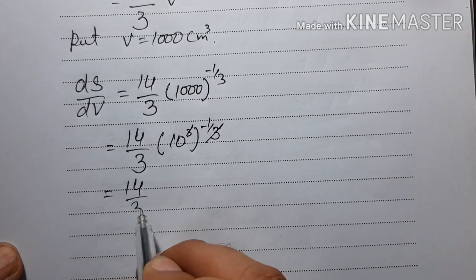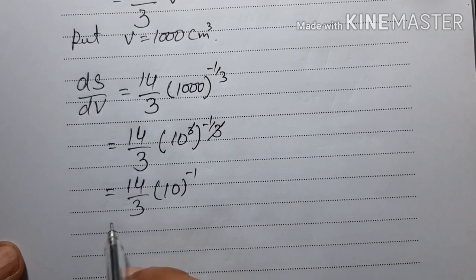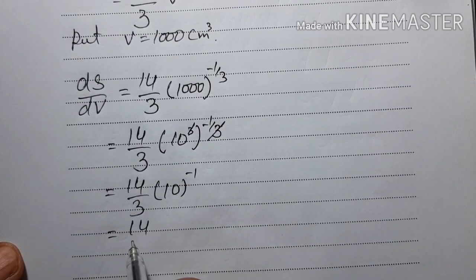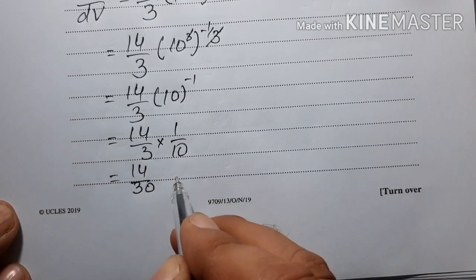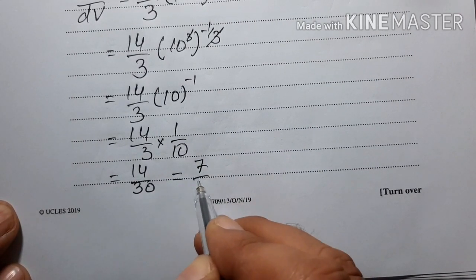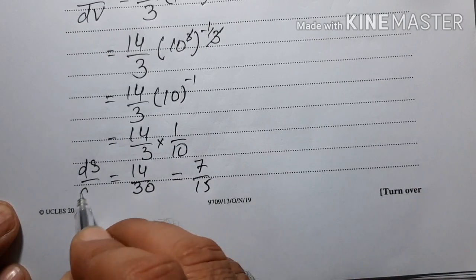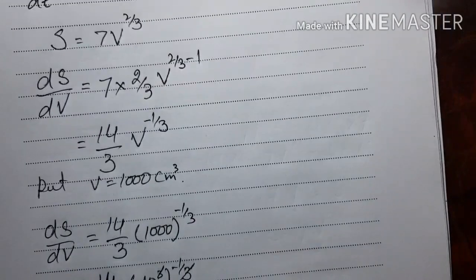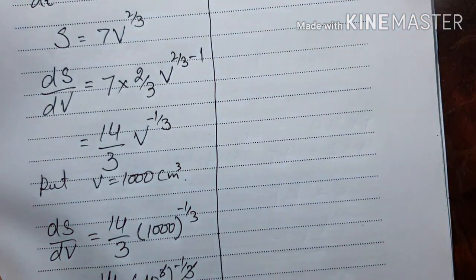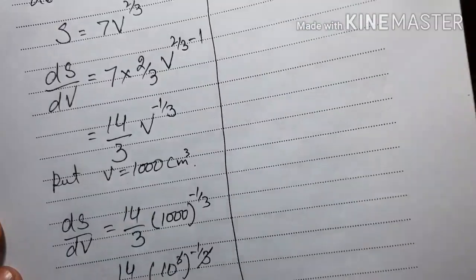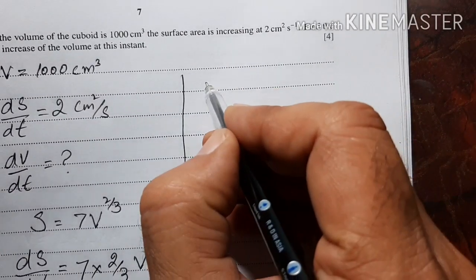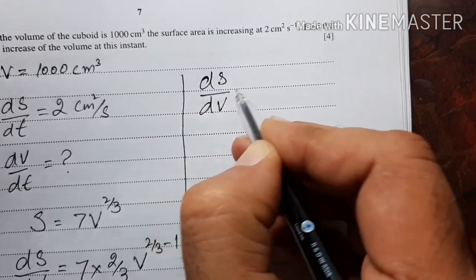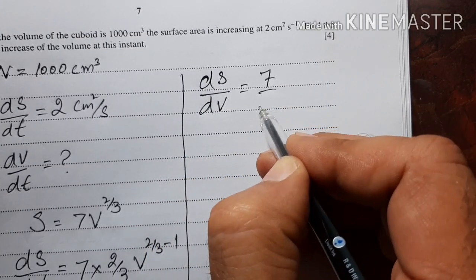So I got 14 over 3 into 10 power minus 1, which can be written as 14 over 3 into 1 over 10, or 14 over 30, or 7 over 15. This is my dS by dV. So dS over dV is 7 over 15.